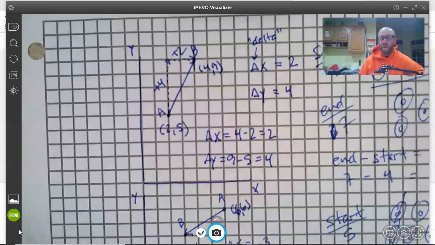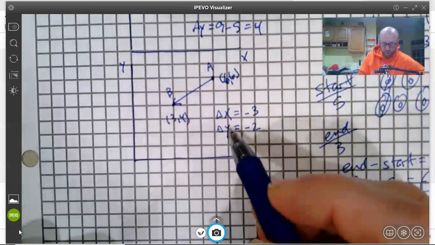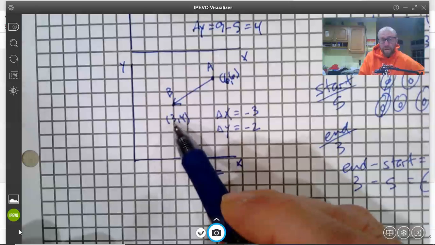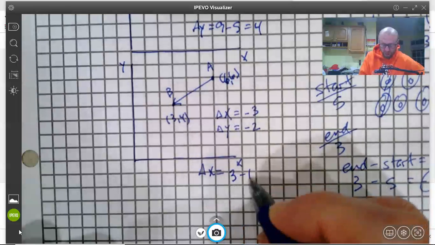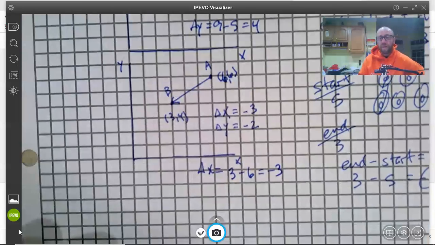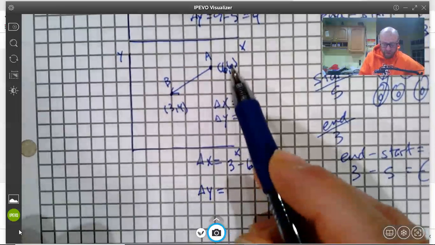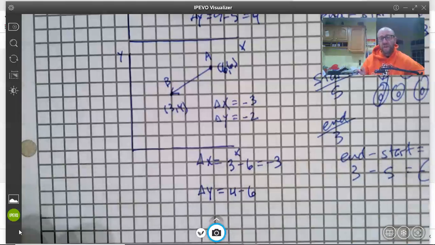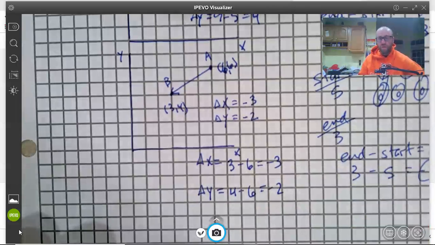End minus start equals change. Down here as well, if we had our change in x, we ended at 3 and we started at 6, so end minus start, 3 minus 6 is negative 3. And our change in y, we went from 6 to 4, so 4 minus 6, end minus start equals negative 2.